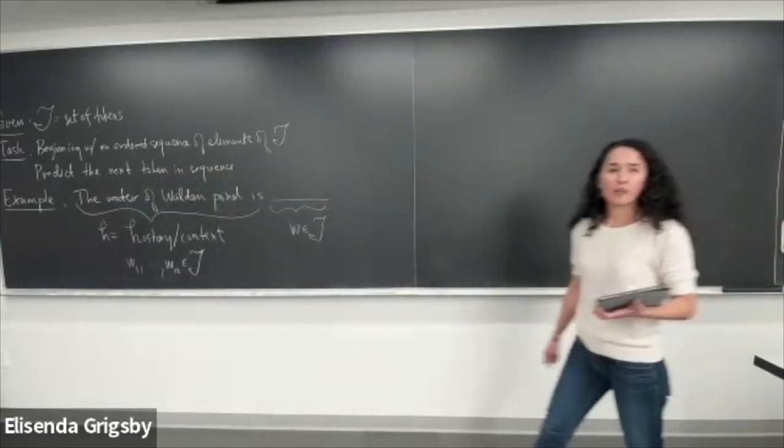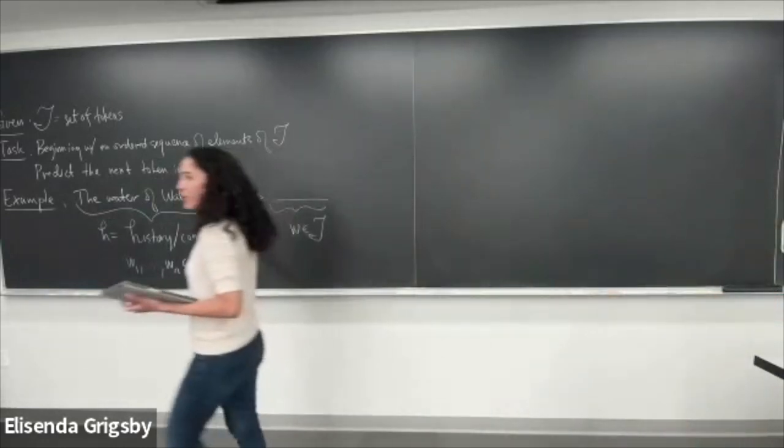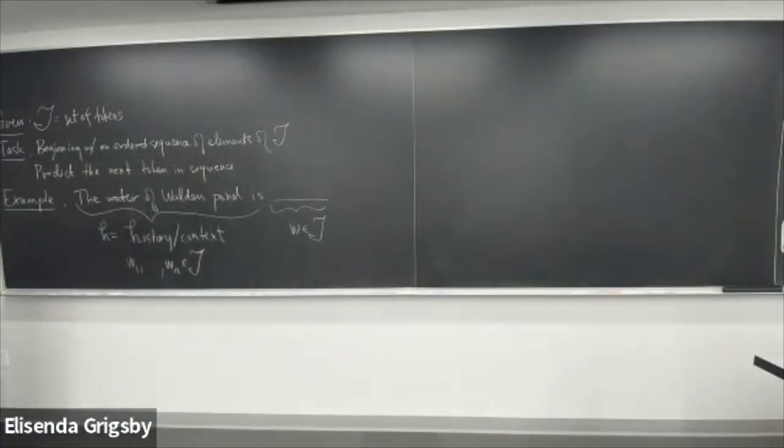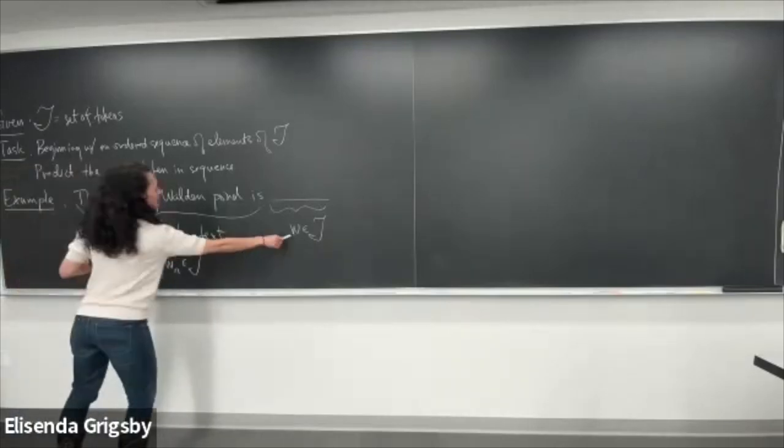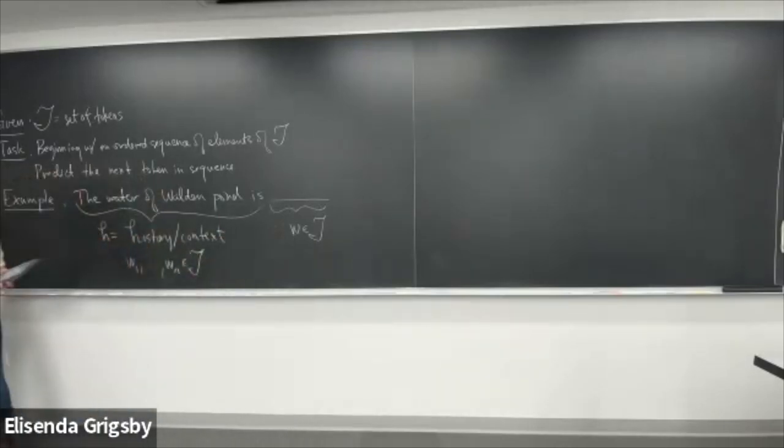Okay, so if you're thinking about how you might learn how to do this, some kind of first naive pass at learning how to do this, if you had some huge corpus of sequences, like we do in the English language, is to try to maximize the probability of W given the history H within your corpus.